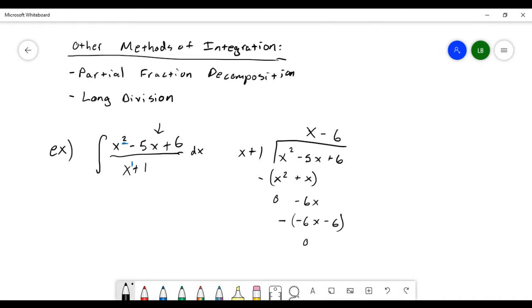That's going to be a plus 6. There we go. That should be a plus 6, sorry. And then positive 6 plus 6 gives us 12 as a remainder. You can say this is plus 12 divided by x plus 1.